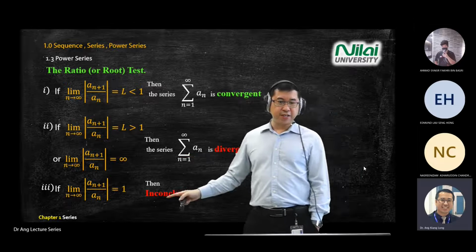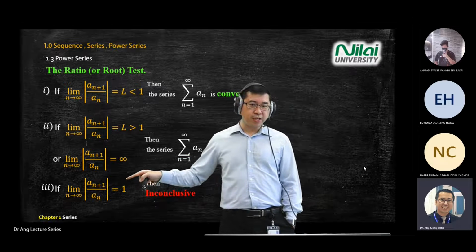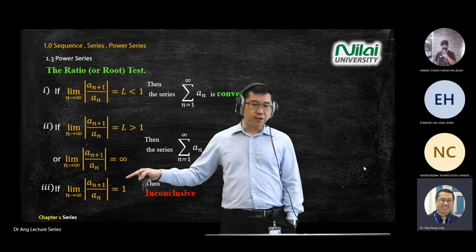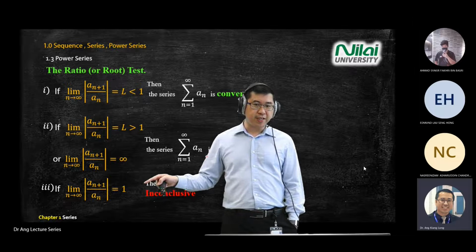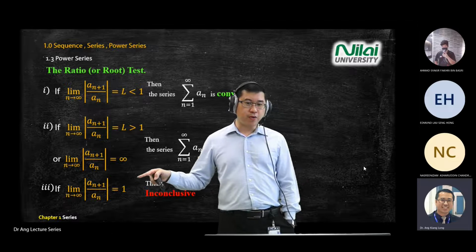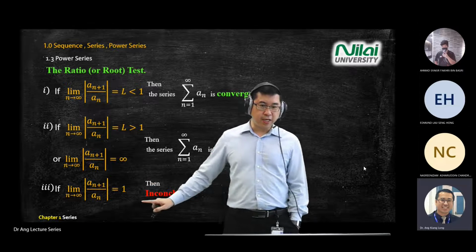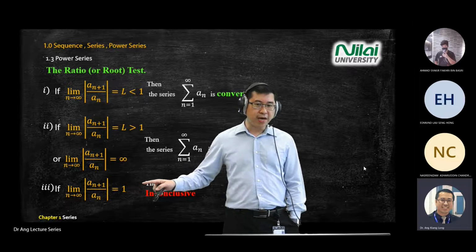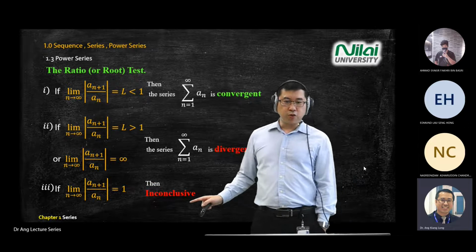The third condition, if you do this equation, a sub n plus 1 divided by a sub n, meaning you use the second term divided by the first term, and you get 1, although it's a solid number, it means you don't need to continue.